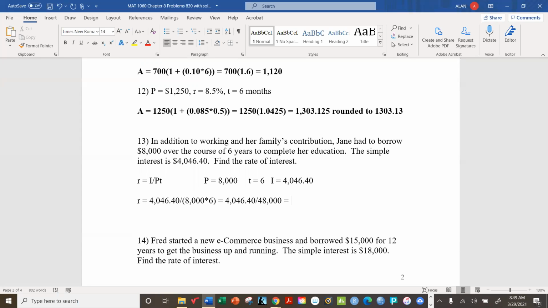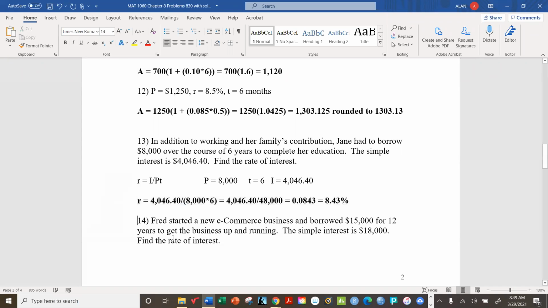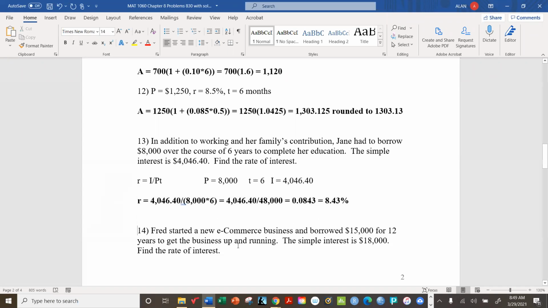So the ratio of those two numbers, 4046.4 divided by 48,000, is 8.43%. Very good. All right. So hopefully we all got that one right.